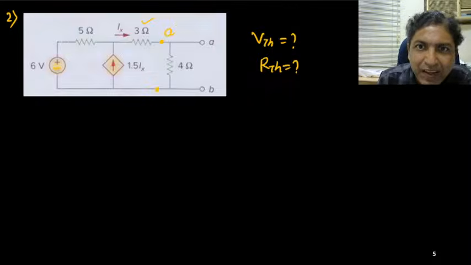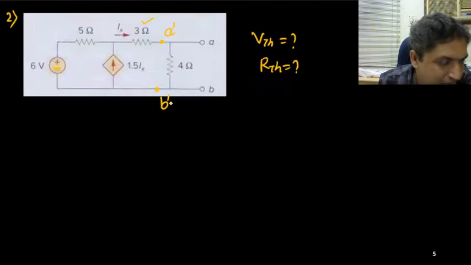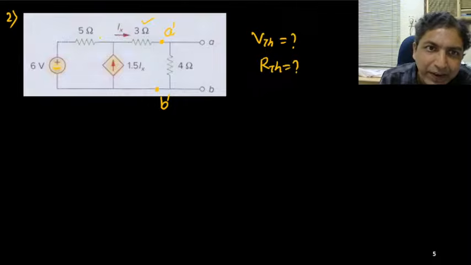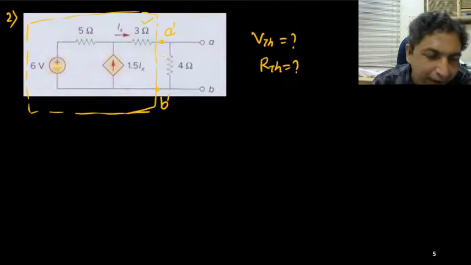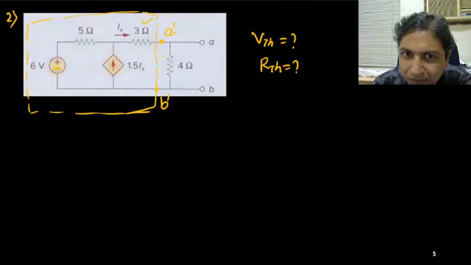Suppose if it is A prime and B prime. So can you first find out the Thevenin equivalent circuit for this network? Then I will connect the 4 ohm. I will go for A and B. It will be a little bit easier for you. Okay.